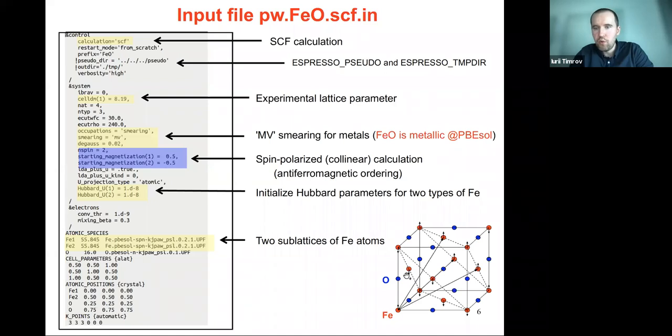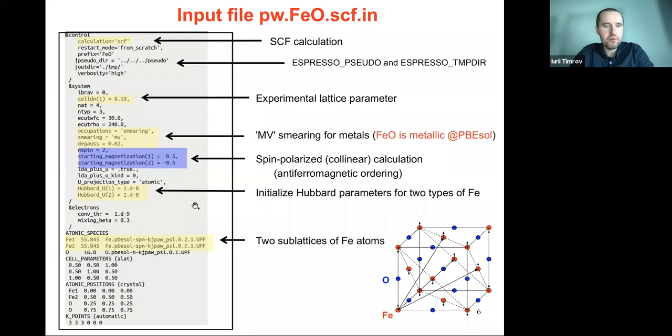So iron 1 is, for example, red, and iron 2 is blue. We specify these two types of iron because red atoms have spin down and blue ones have spin up. So this is why we need to specify two types.